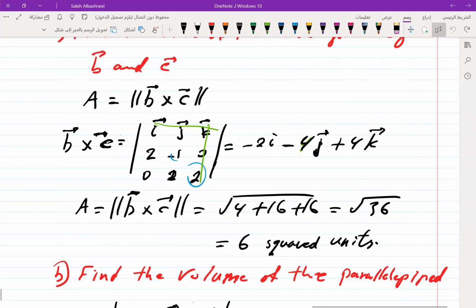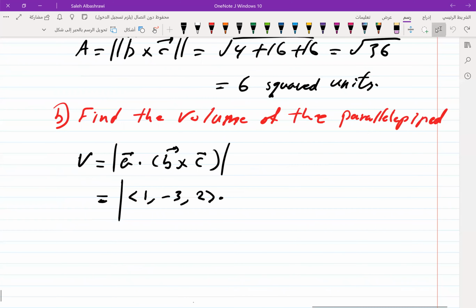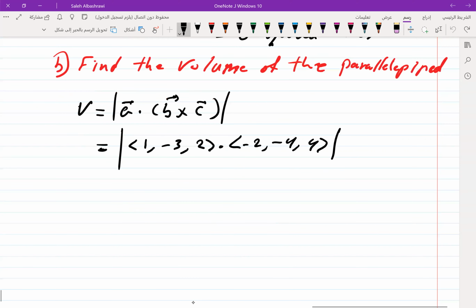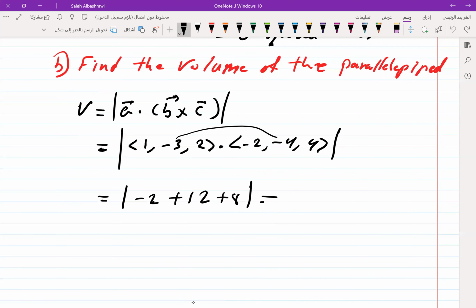And B cross C is minus 2, minus 4, and 4. Take the absolute value. This is equal to minus 2, plus 12 because minus 3 times minus 4 is plus 12, plus 8 because 2 times 4 is 8. So this is equal to 18 cubed units. So the volume of the parallelepiped is equal to 18 cubed units.